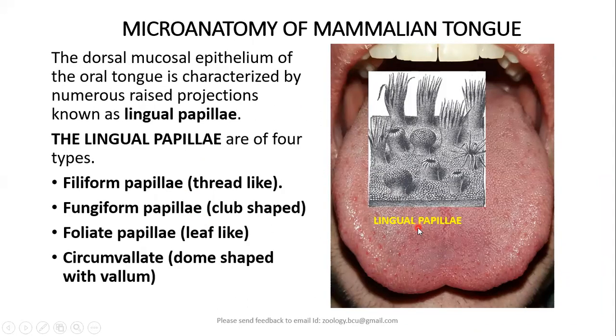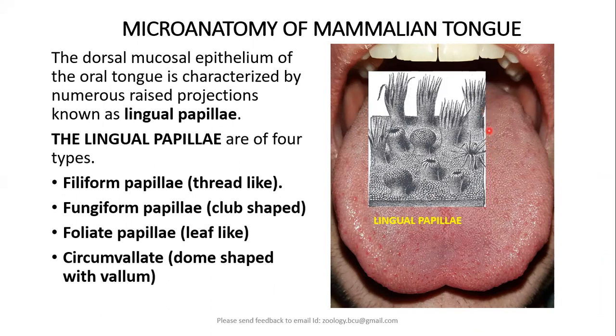Coming to the dorsal mucosal epithelium of the oral tongue, because we have the anterior two-third part of the tongue called oral tongue, the posterior one-third of the tongue is called the pharyngeal part.